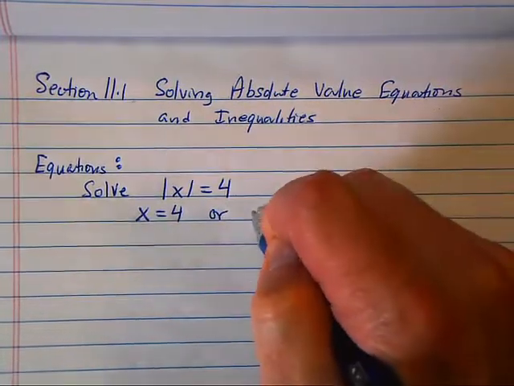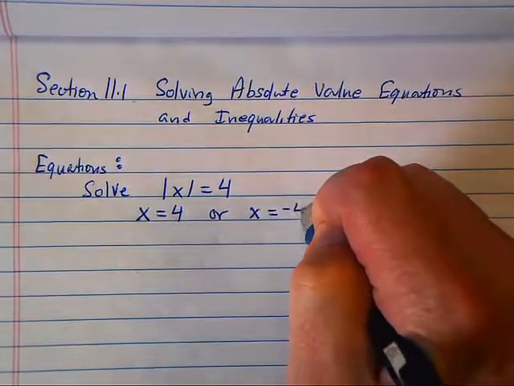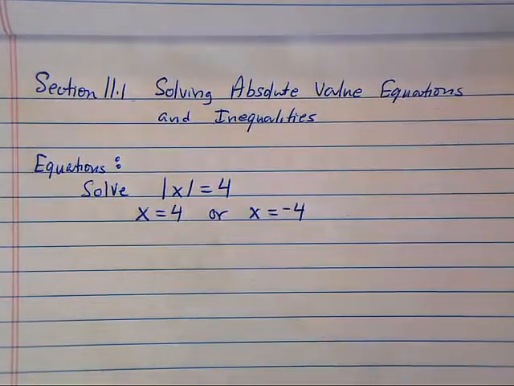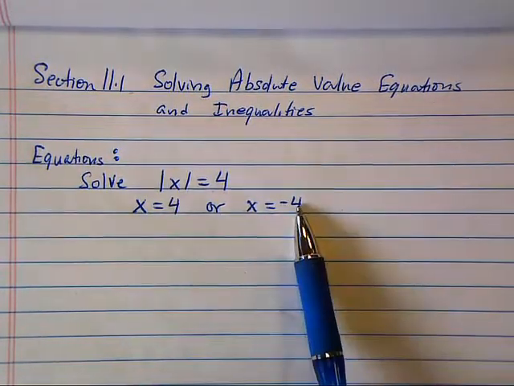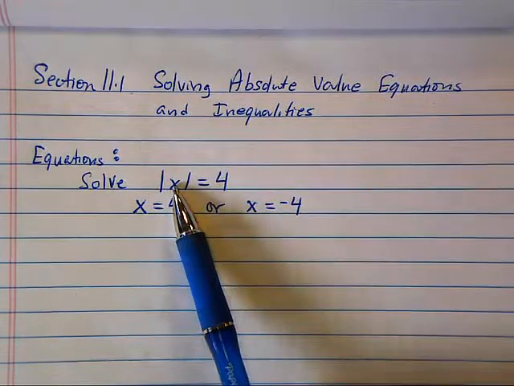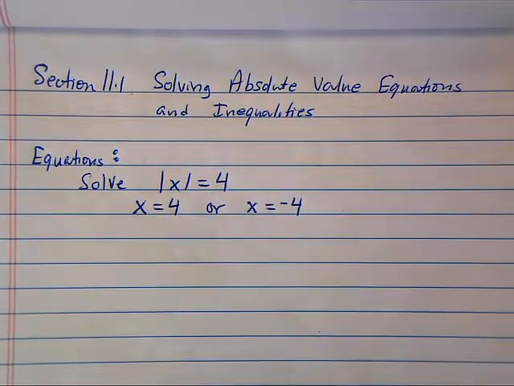Or x could be negative 4. Because what's the absolute value of negative 4? 4. What does absolute value do to a number? Makes it positive. If it's already positive, it leaves it alone. So if I plug 4 into here, it's going to work. Or if the number is negative, like negative 4, absolute value makes it positive, it would give me 4.